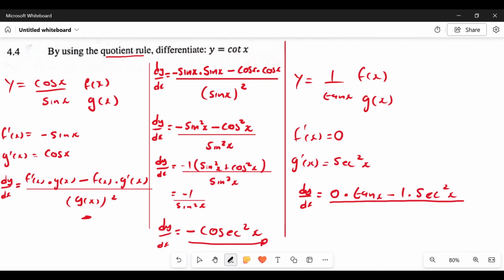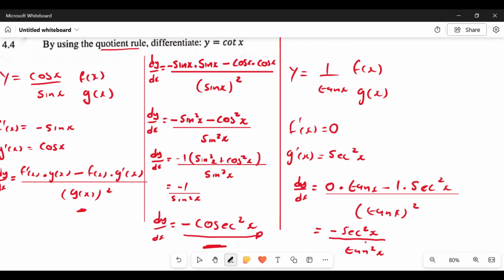All this is divided by g of x squared, tan squared x. Now, if we continue, we will have 0 multiplied by tan on the numerator, which is 0. So negative 1 multiplied by sec squared is going to be negative sec squared. Divided by tan squared x.